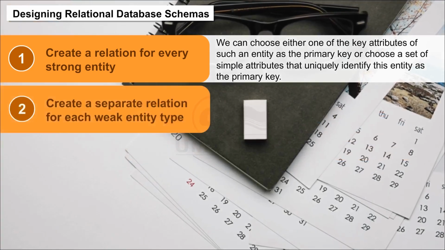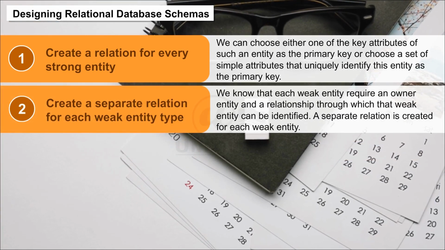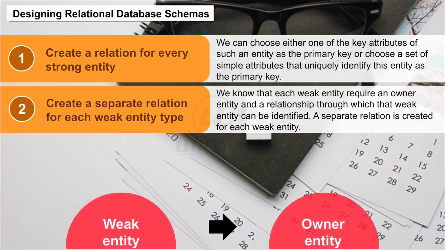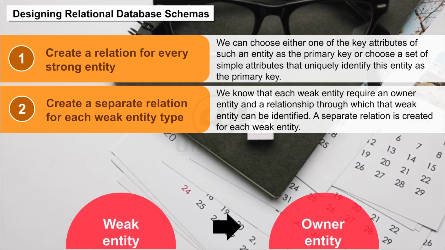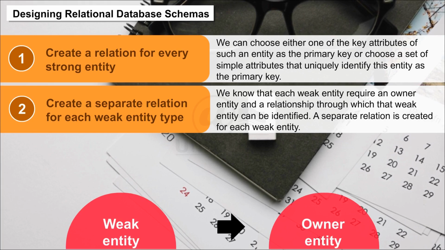Create a separate relation for each weak entity type. We know that each weak entity requires an owner entity and a relationship through which that weak entity can be identified. A separate relation is created for each weak entity.